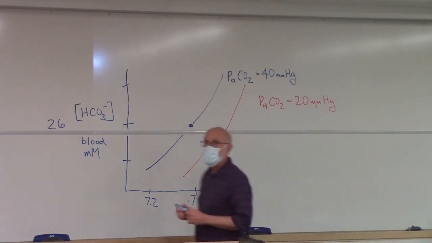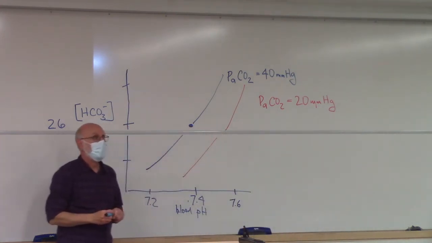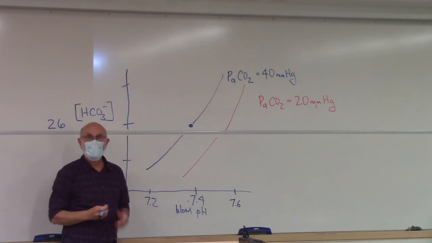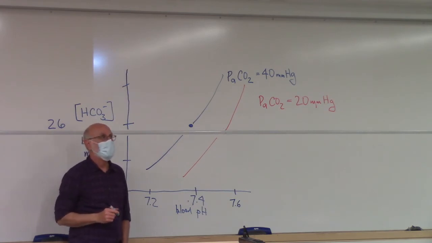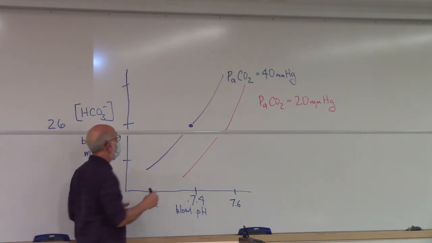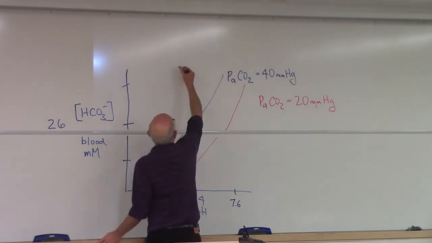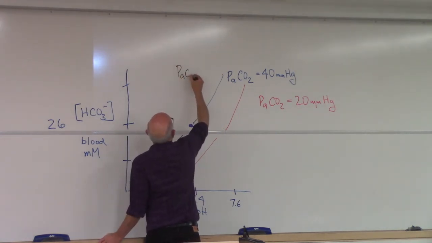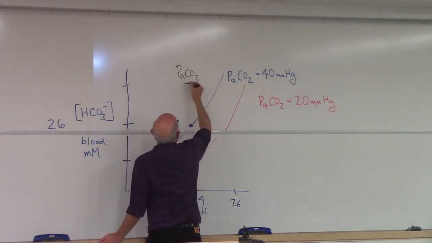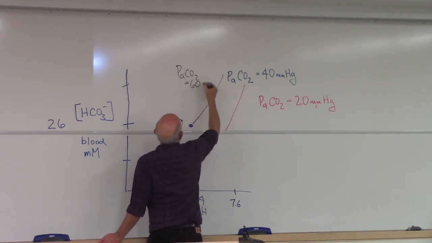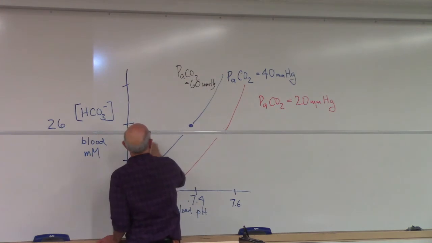And what if we hypoventilate? We're not breathing enough for the body's production of CO2. Well, you can sort of see where I'm going. If we have a PCO2 that's high, we're going to be over here.